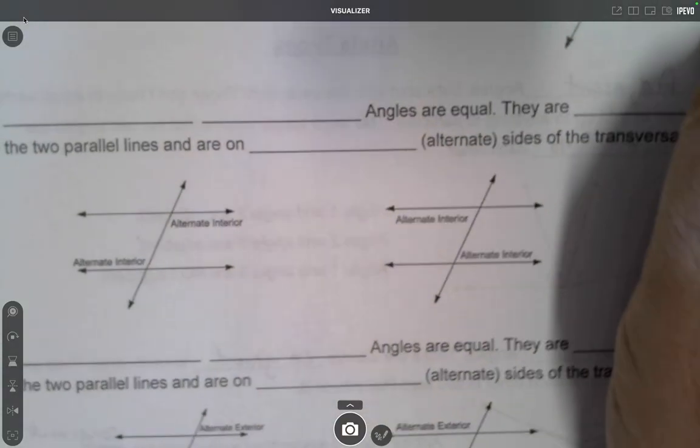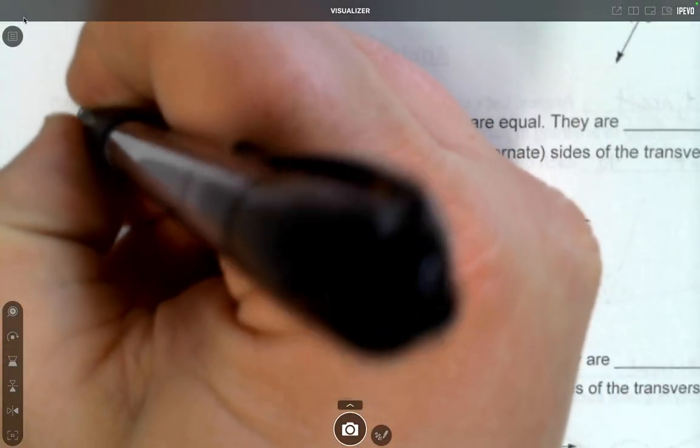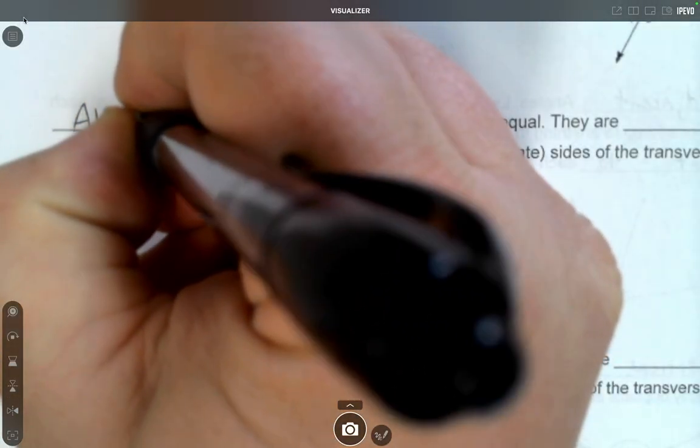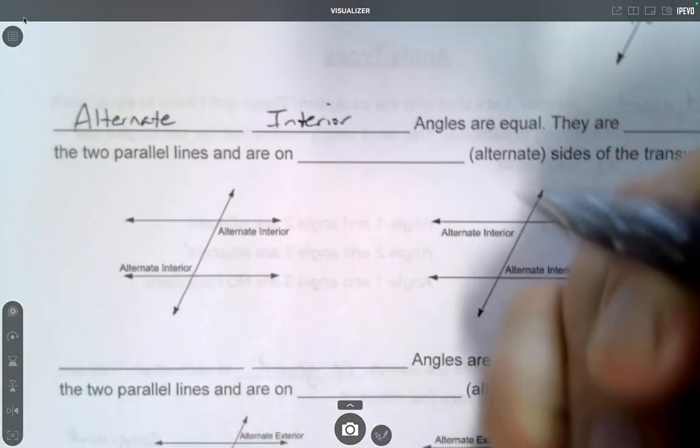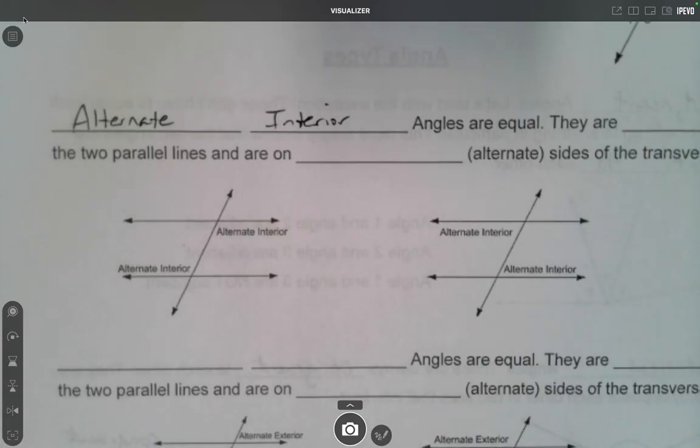So first of all, we're going to talk about alternate interior. There's a reason I've been trying to emphasize what the words mean. They really help you process when you're thinking about these that have the two parallel lines and then the transversal.